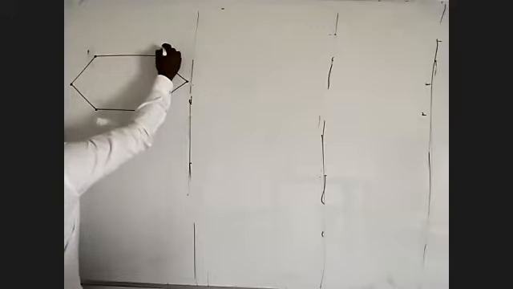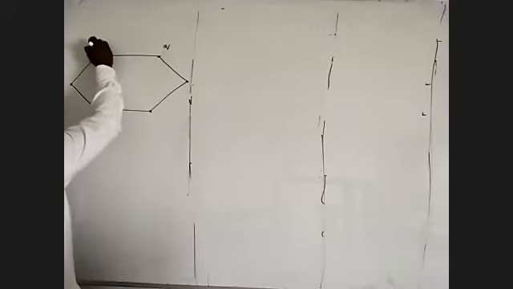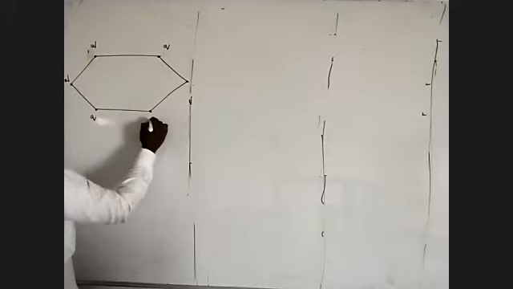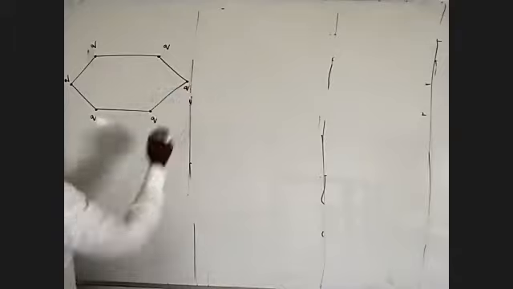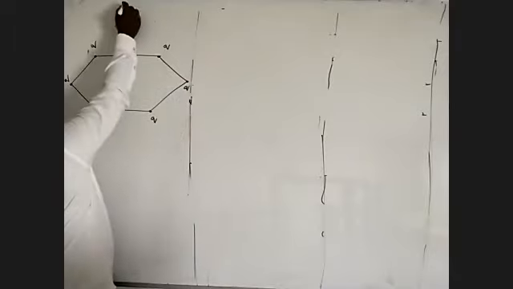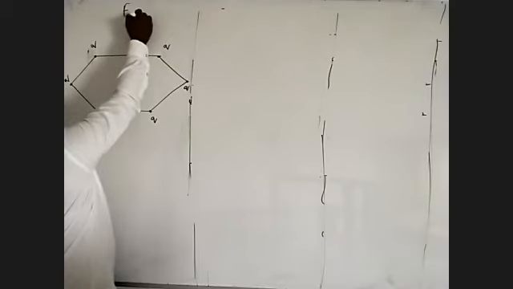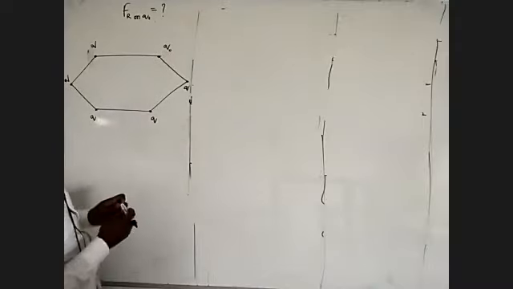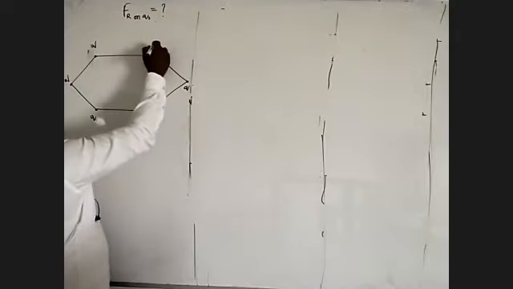This corner has charge Q, this corner has charge Q, this corner has charge Q, this corner has charge Q, here also Q, here also Q. Now, find the resultant force acting on the charge Q naught at this corner.